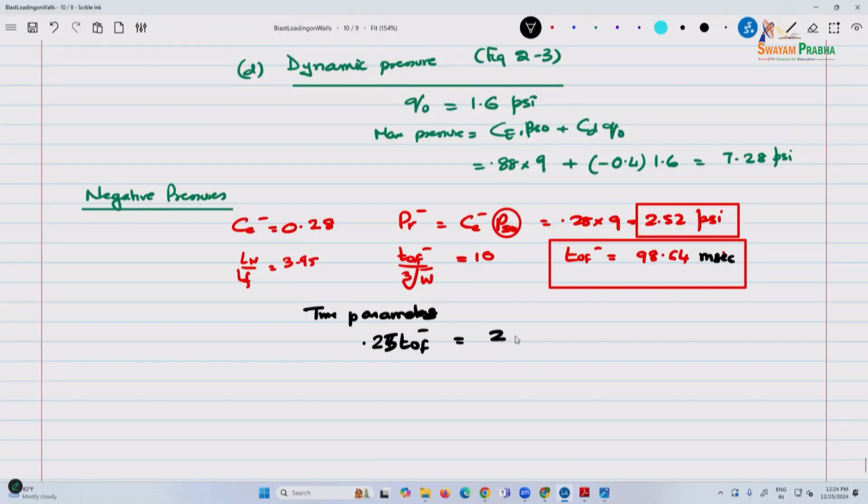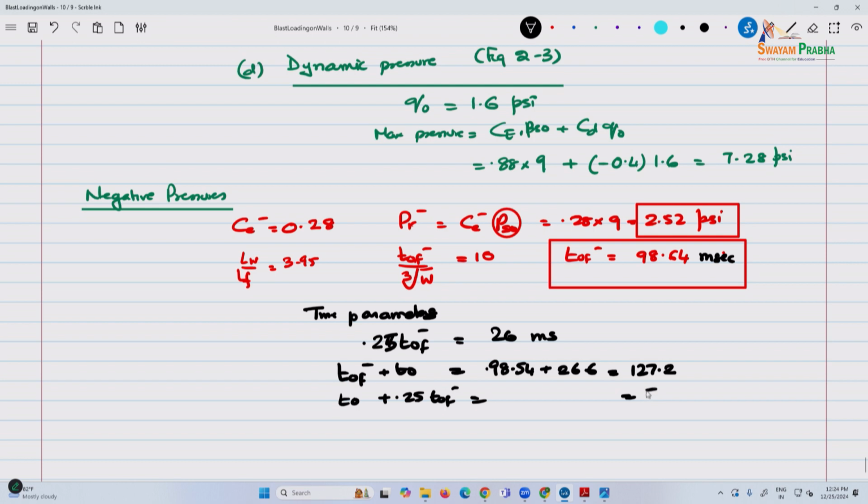So this comes to 26 milliseconds. Then TOF negative plus T naught is, what did we calculate? 98.54 plus 26.6, which is 127.2, and T naught plus 0.25 TOF negative is 52.6.